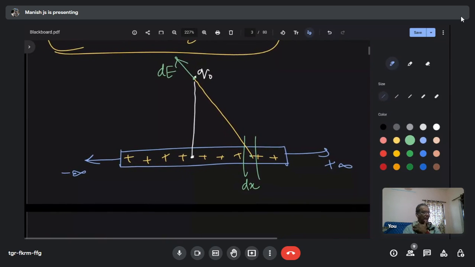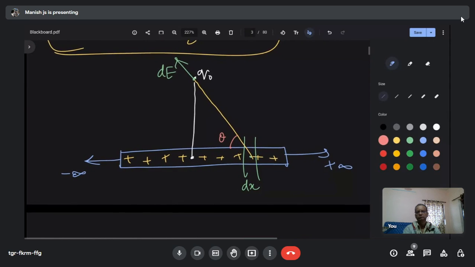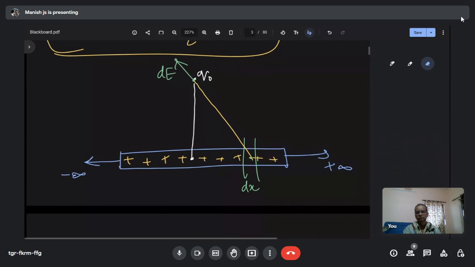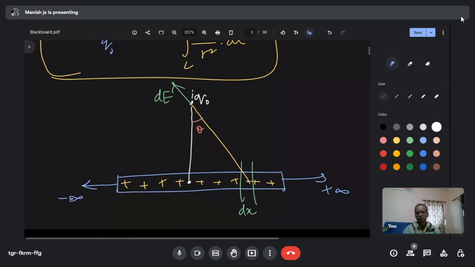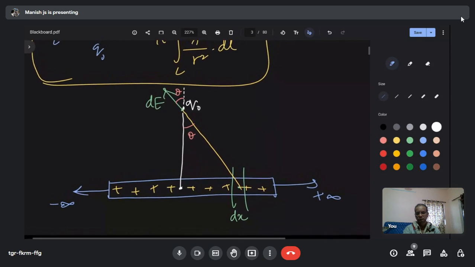Now if this angle is theta, we don't know the angle, we are generalizing. If this is theta, what else is going to be theta? Appropriately, you can take this also as theta. If you extend, you know that vertically opposite angles are equal, so this angle is also theta.